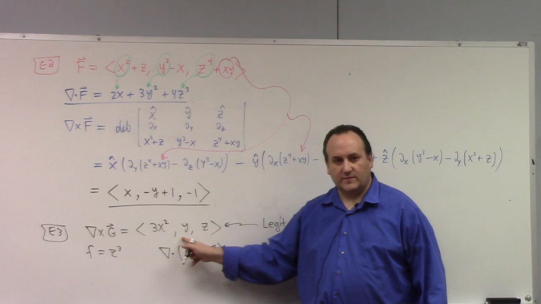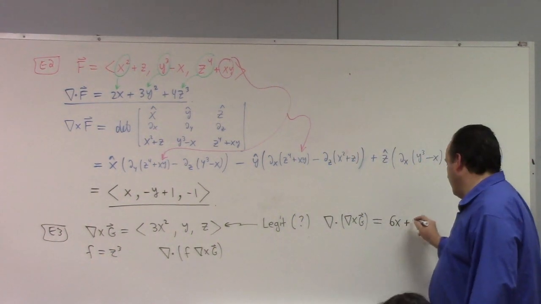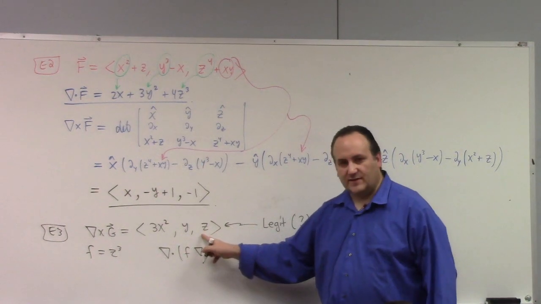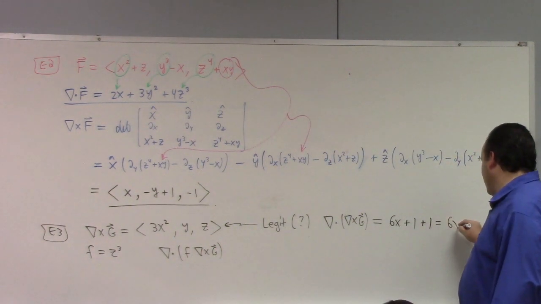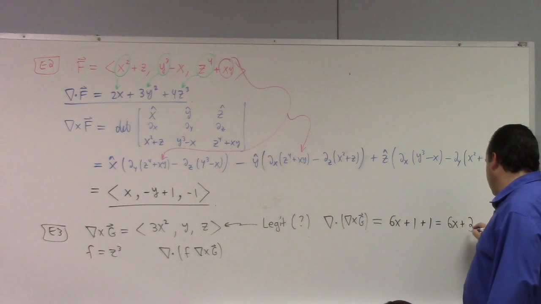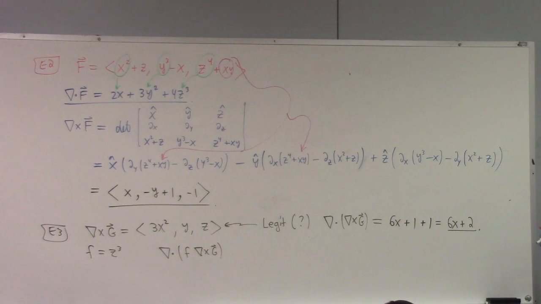The derivative of y with respect to y is 1. Derivative of z with respect to z is 1. Ooh, it is definitely not legit, right? So that's an impossibility because of the second derivative identities. Okay?